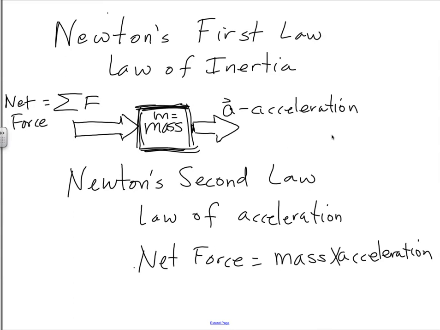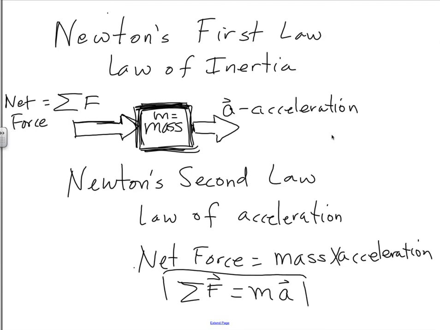How do we write that? Well, the net force is like so. The summation of all the forces acting on our object under consideration will represent this vector. That equals our mass, which is just a scalar, times our acceleration, which is a vector. This is Newton's second law.